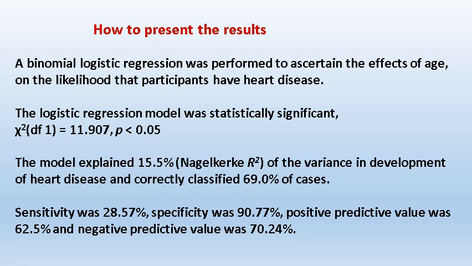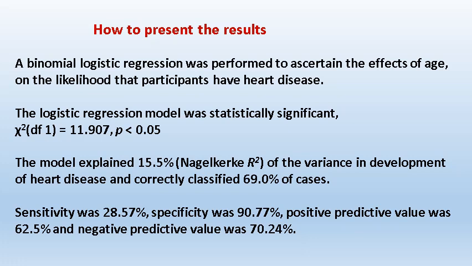Now we can see how to present the result. A binomial logistic regression was performed to ascertain the effects of age on the likelihood that participants have heart disease. The logistic regression model including age as the independent variable was statistically significant. Chi-square value was 11.907 and the p-value was less than 0.05.